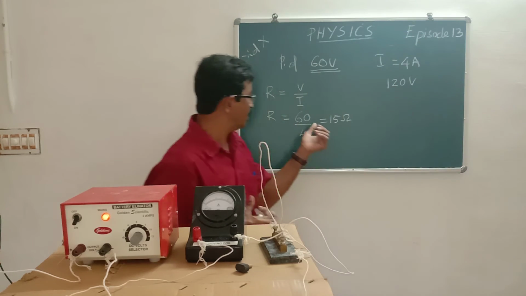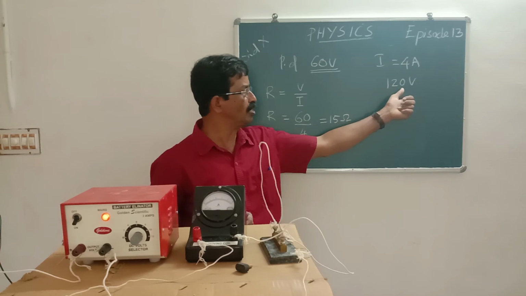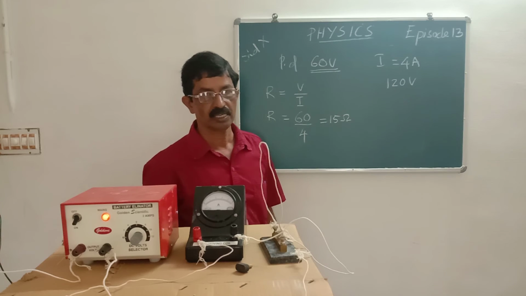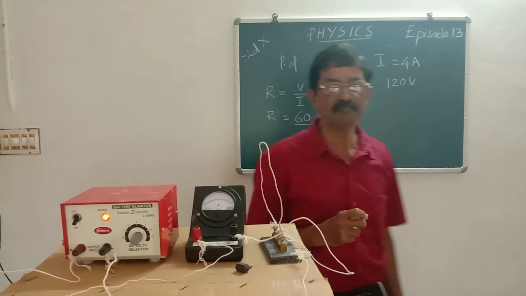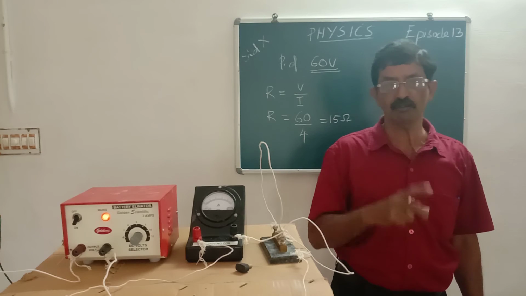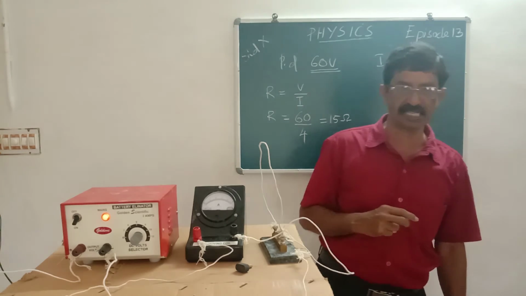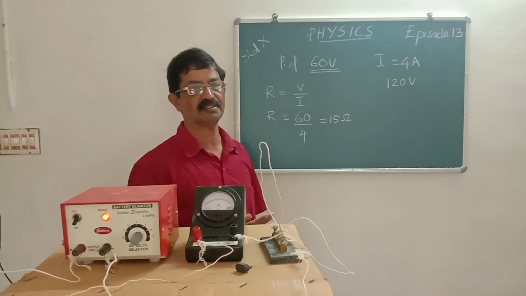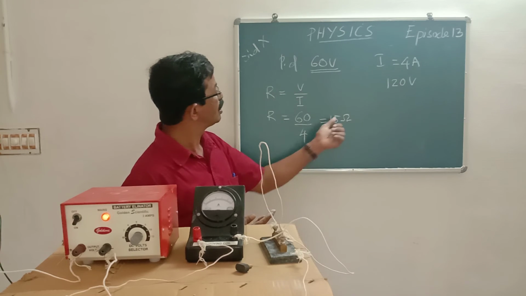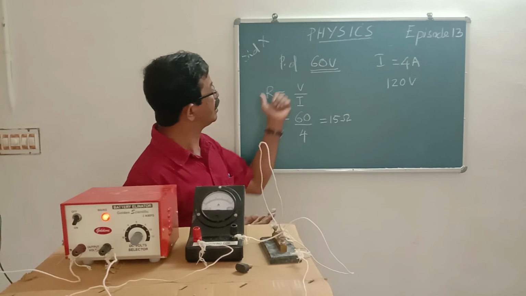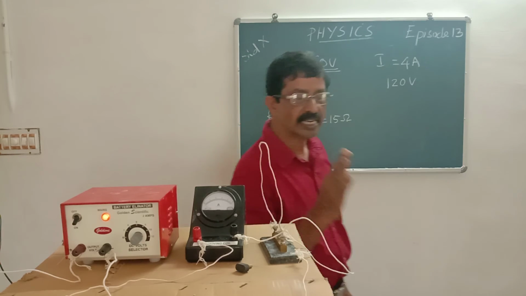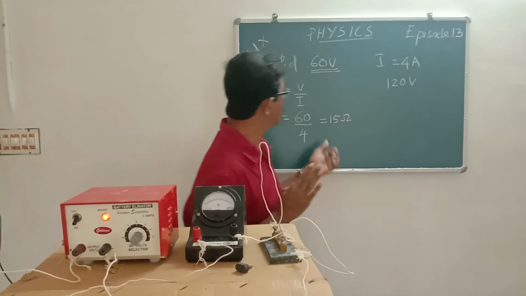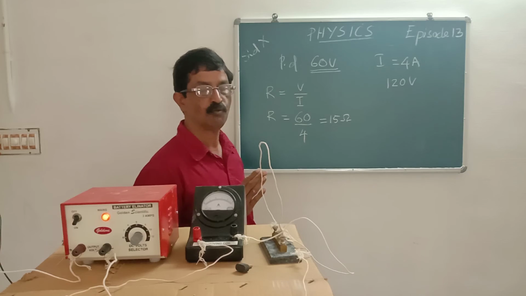Now we are going to apply 120 volt. What do we want to find? We want to find the current. Now one question may arise: why do we first find the resistance here, when we are not asked to find it?